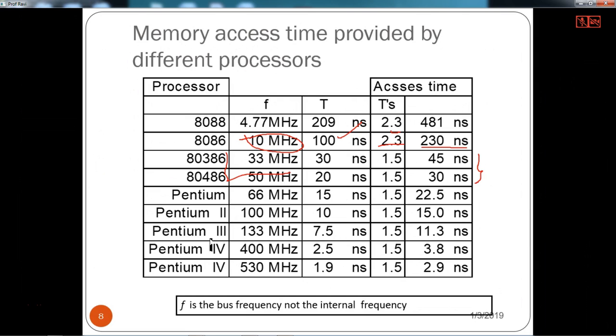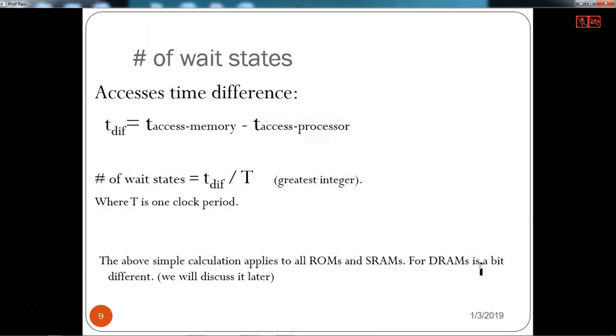Now you can see Pentium 4, if it is working at 530 megahertz, then in 2 nanoseconds it can access the memory and fetch a byte. So memory is not that fast.